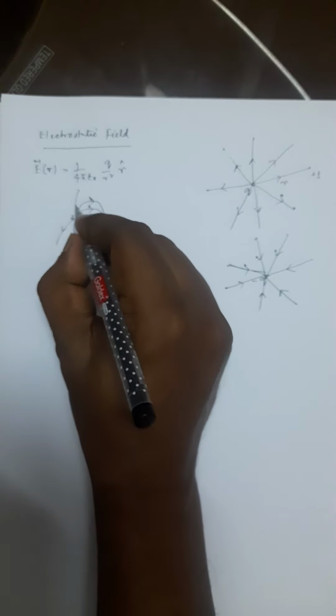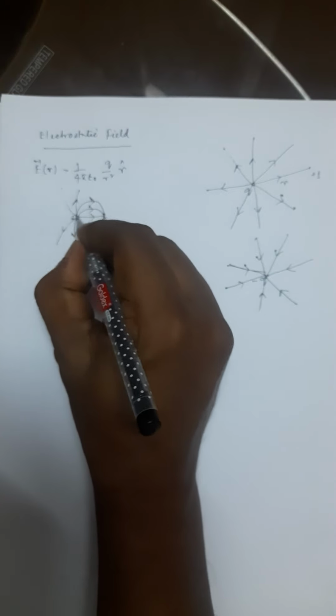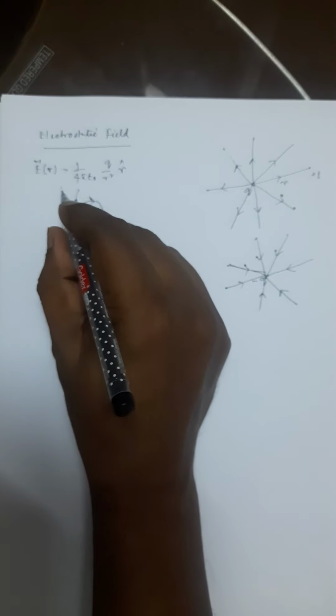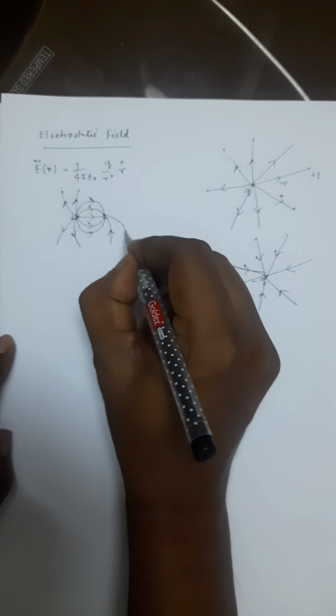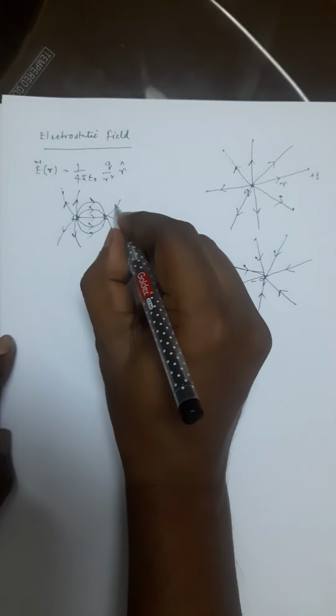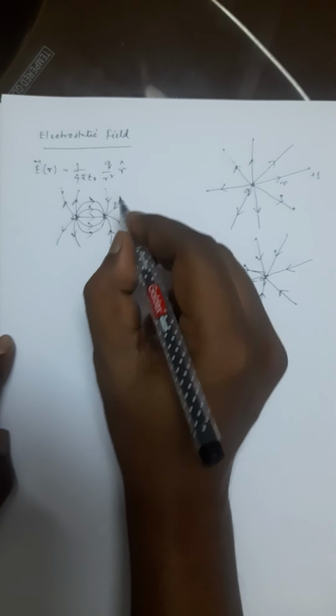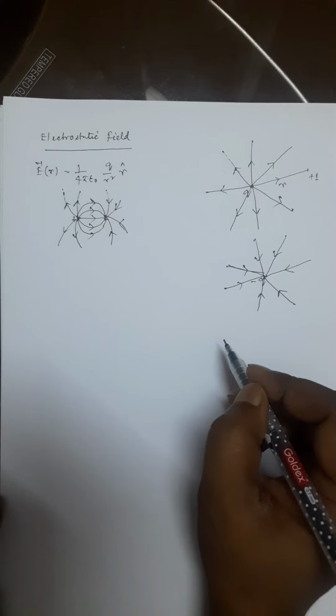And you see, the electric field always starts from the positive charge and ends at the negative charge. So these are the electric field lines for an electric dipole.